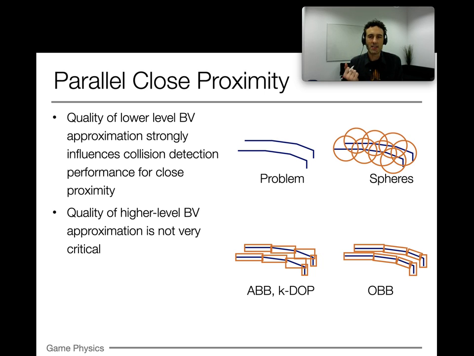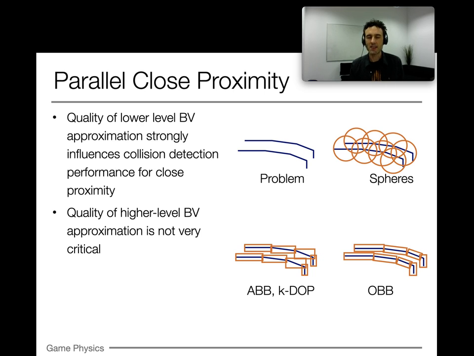Also for the hierarchies, what's crucial is basically that we can successfully separate the objects with the bounding volumes at the lower levels. So in these cases, in all of these, potentially the higher level primitives would overlap.